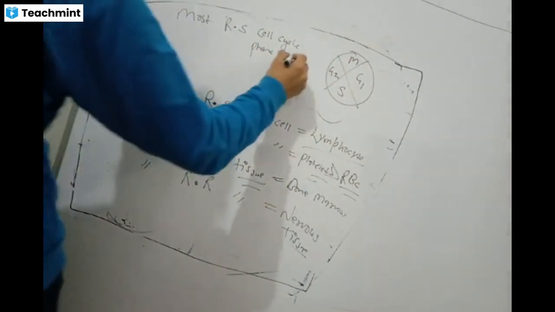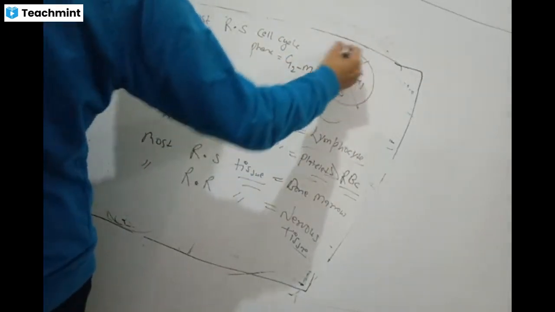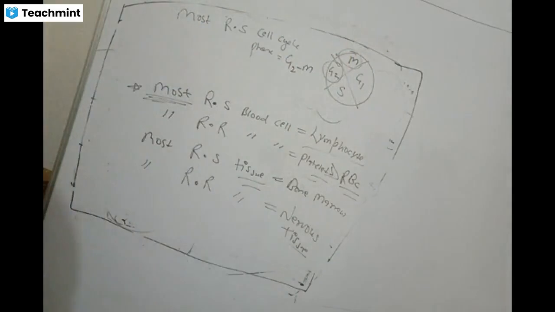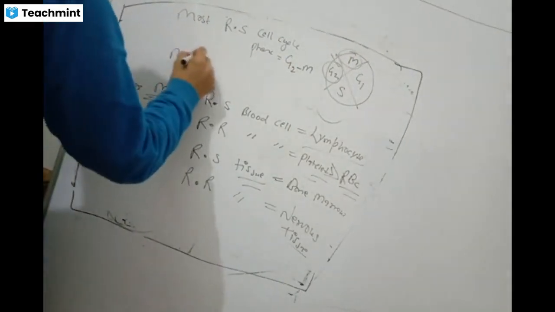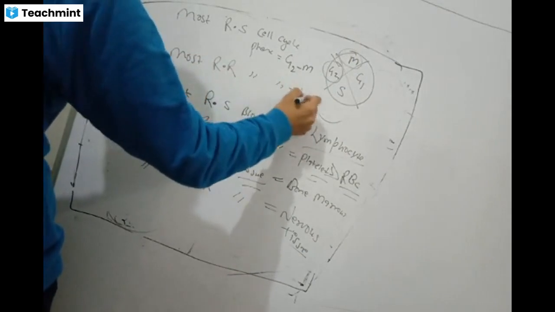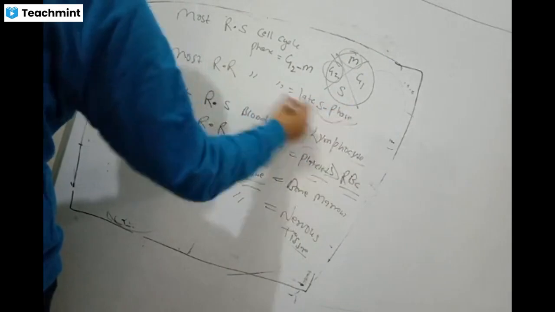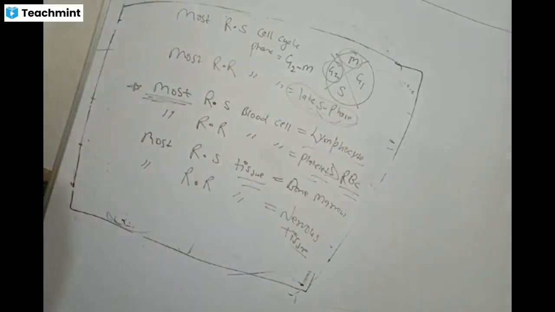So the most radiosensitive is G2M. This is G2, this is M, this is G2M. And opposite to this, the most radioresistant cell cycle phase is late S phase. So these are the important MCQs related to this.